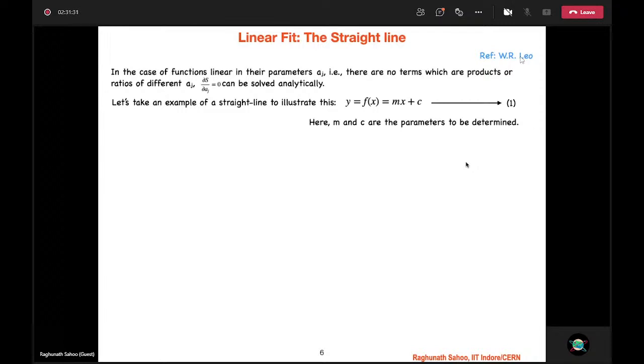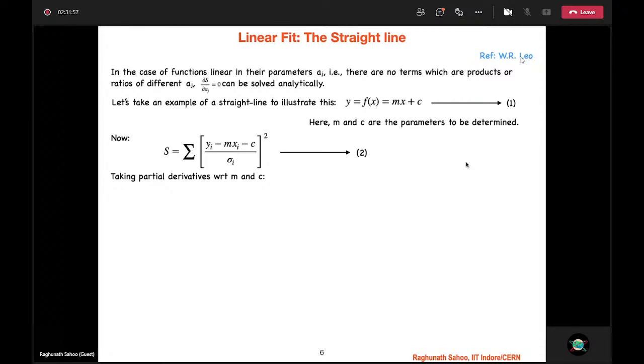But if I take the simplest example of linear regression, which is a straight line fitting, so I take y equal to f(x), which is mx plus c, okay, and m and c are the parameters to be determined. So whatever I described as a part of the general theory, now I am simplifying that for a known straight line.